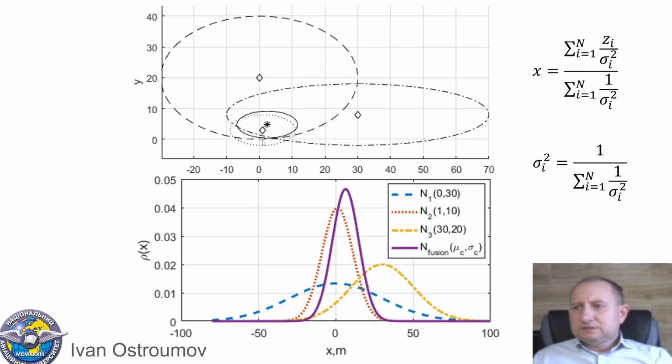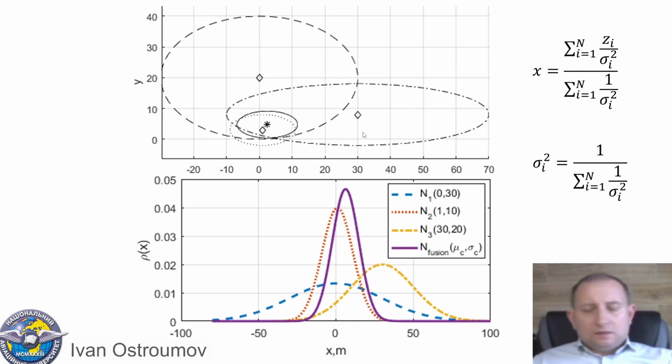However, in reality, it depends on the geometry of mutual location, because if this ellipse is somewhere here, it means that this crossing area will be less, and it means that finally our result of fusion will be much better. That's why in most cases it depends on the geometry of error distribution.